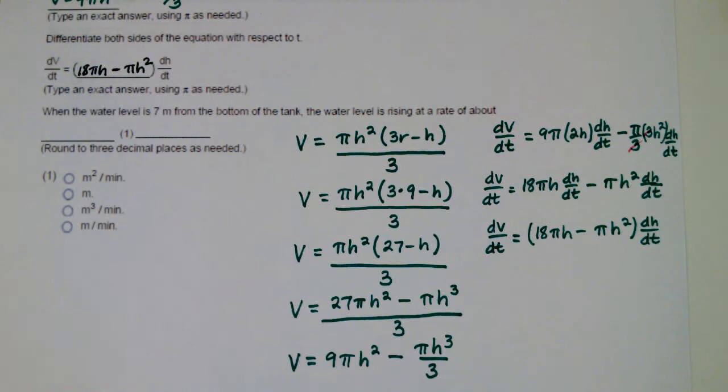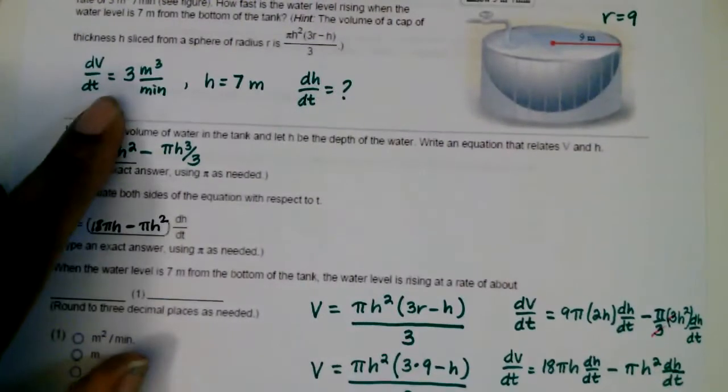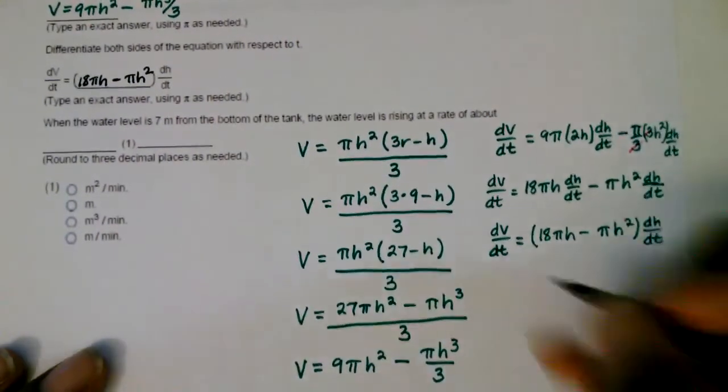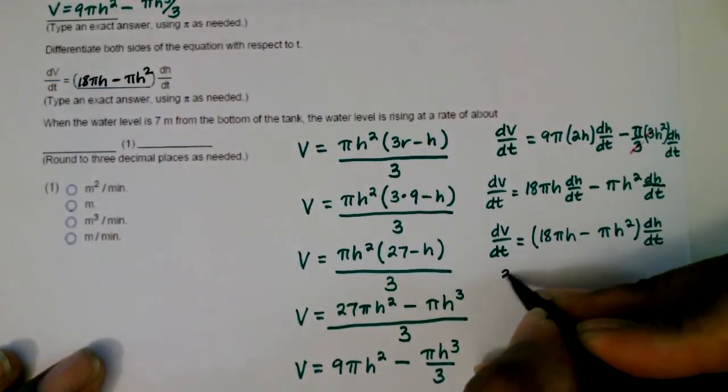So now let's use that to find when the water level is 7 meters from the bottom of the tank. The water level is rising at the rate about what? And let's use what we're given in this problem here. dV/dt we know is 3 cubic meters per minute. That's given to us in that problem. So let's substitute dV/dt with 3.